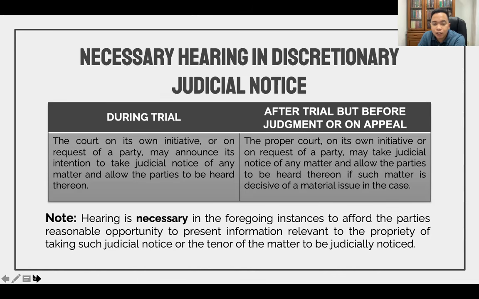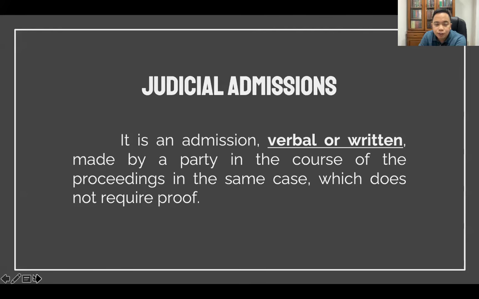The only qualification, if discretionary judicial notice may be taken after trial but before judgment or on appeal, is that the matter pertains to a decisive material issue in the case.